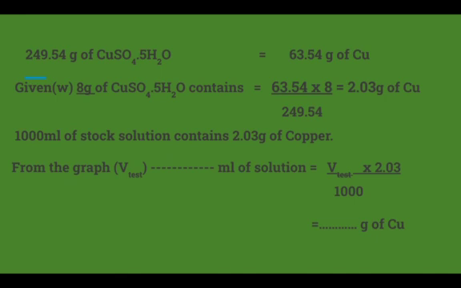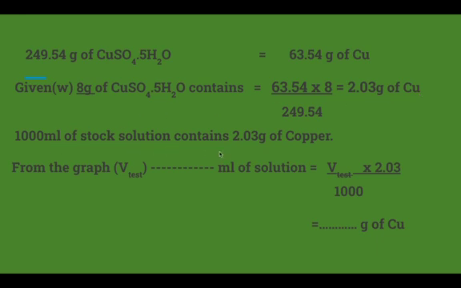That stock solution which was given to you for preparing the standard solutions was made by dissolving 8 gram of copper sulfate in 1000 ml of water. So 8 gram of copper sulfate will contain 63.54 divided by 249.54 into 8 gram of copper present in the stock solution.